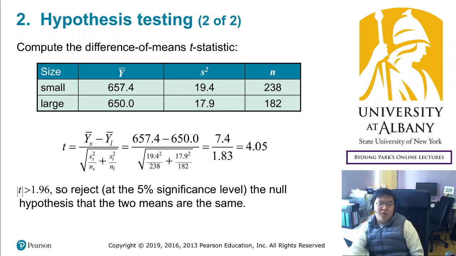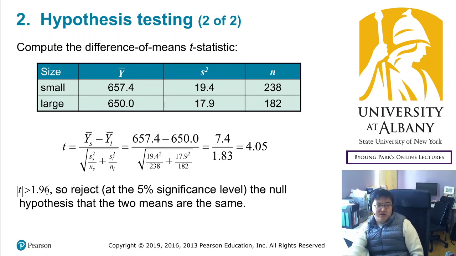It is 4.05. As you remember, the t-statistic approximately follows the standard normal distribution, and 4 on the standard normal distribution is a very large number. It happens with a very small probability, and if you use a 5% significance level, you need to reject the null hypothesis.